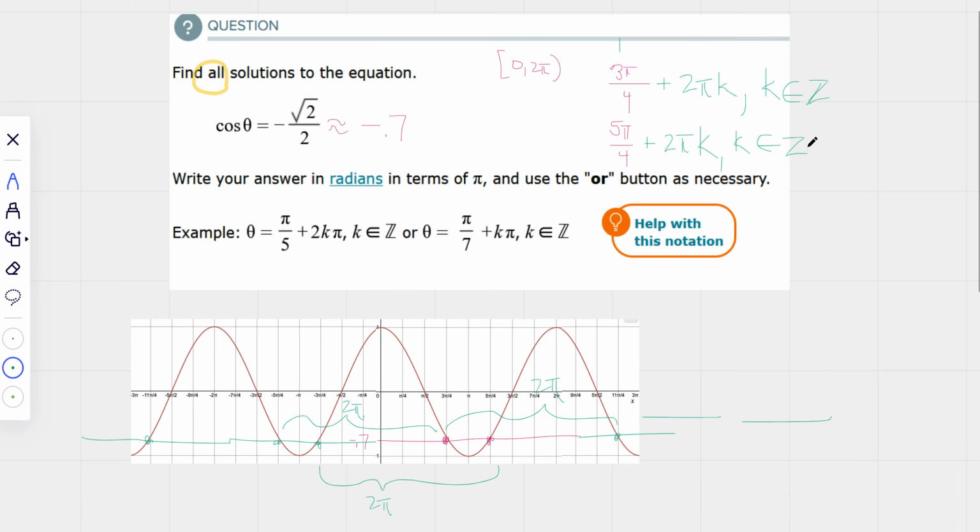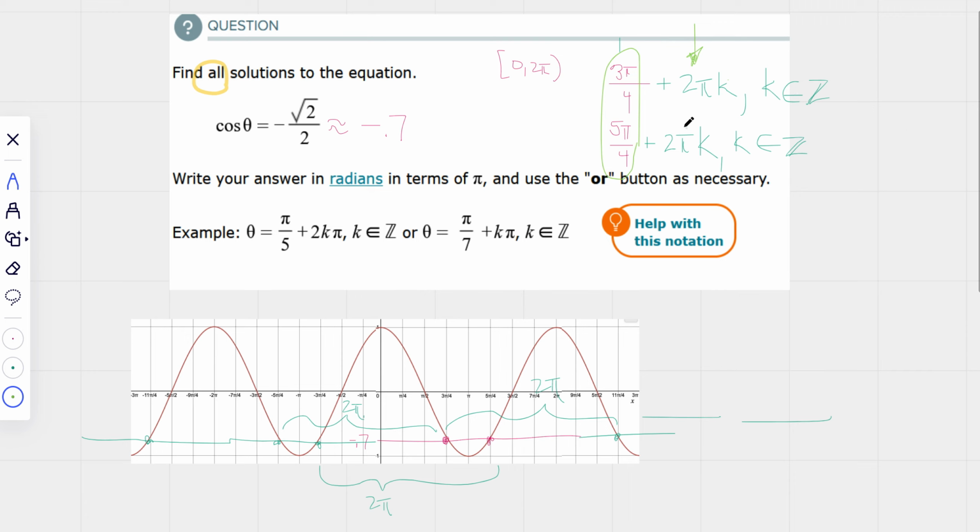So long story short, I'm hoping that the explanation is helping you with the why of what we're doing. You find the solutions on one rotation of the circle, and then you add the period of that function times k. I think that this is already part of what is present in ALEKS.